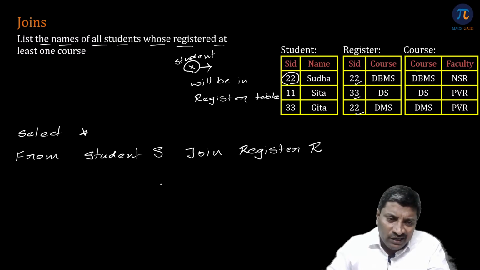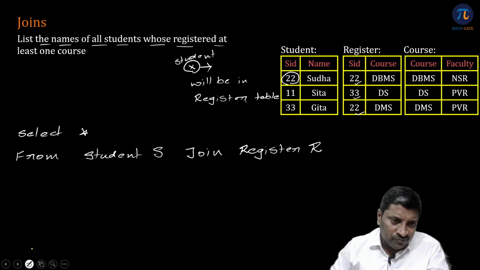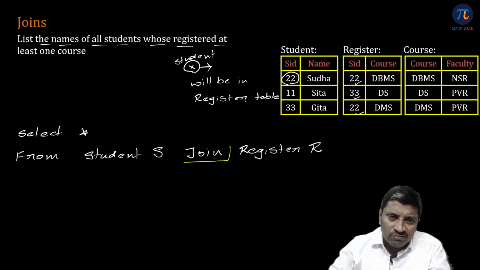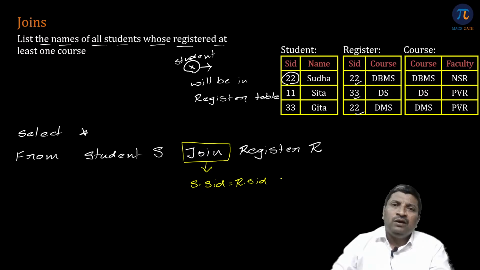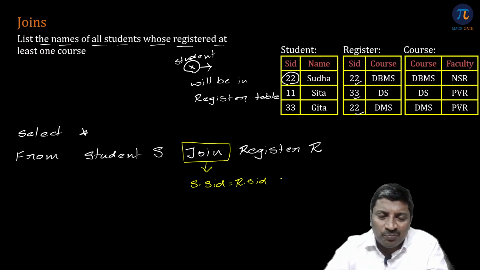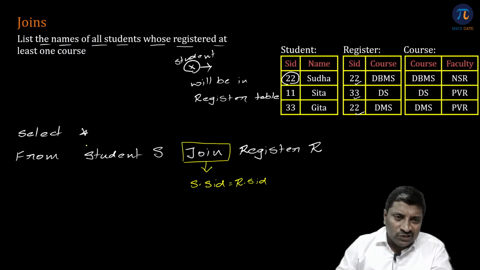No. Join itself specifies S dot SID equal to R dot SID. And you are not concerned about any particular subject, right? So this is enough. Now the question is, do you need all the details, sir?